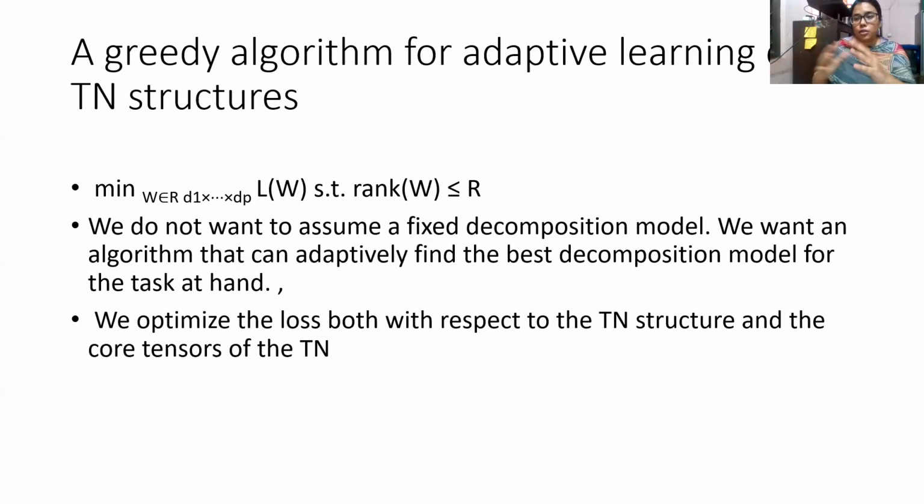In tensors, this greedy algorithm will start from a core tensor and calculate some loss functions. Whenever we decompose it, we have multiple types of loss function, and among them we have to pick the best, the lowest minimized loss function, right?